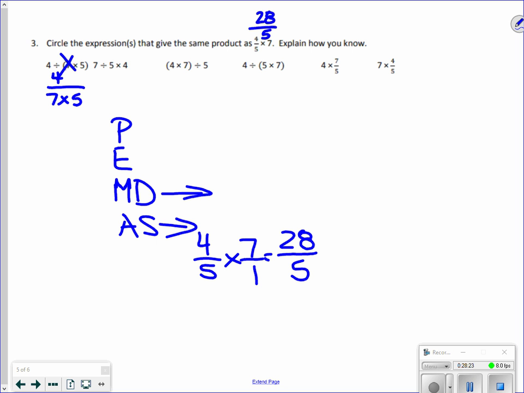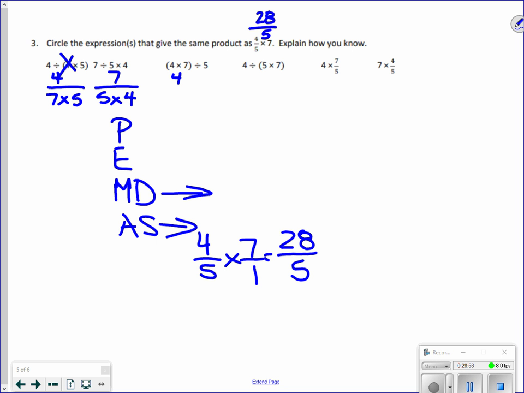I do multiplication first. Since this one has division and multiplication, I need to do the division first. So 7 divided by 5 times 4. Is that going to give me this? No.